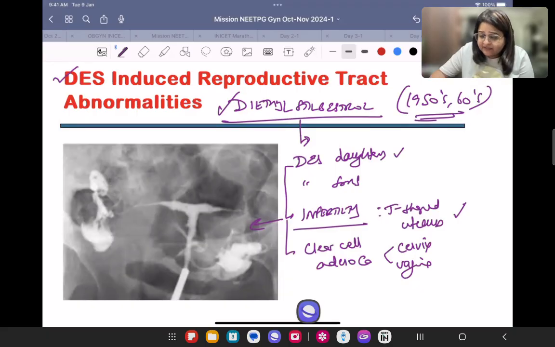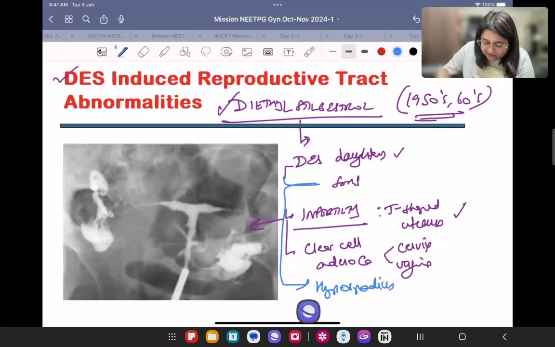And the DES sons, what were they found to have? These DES sons were found to have hypospadias. They were born with micro penis, small penises. So external genital abnormalities were found in the DES sons.